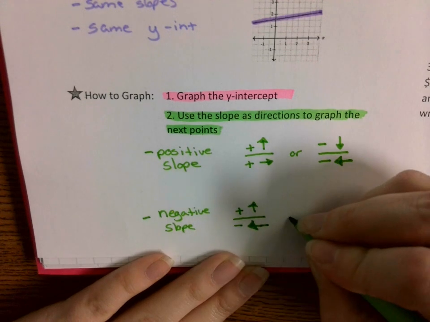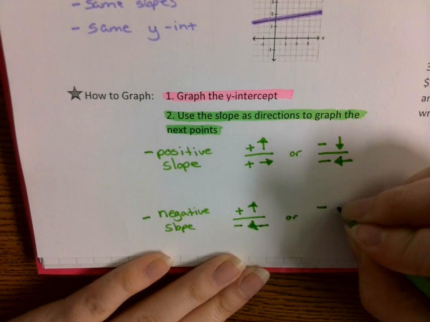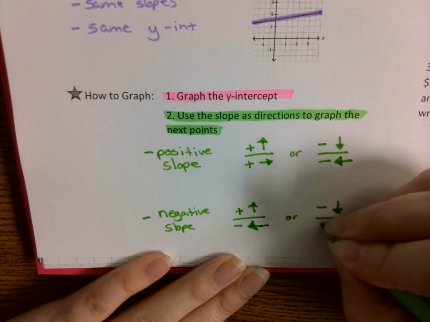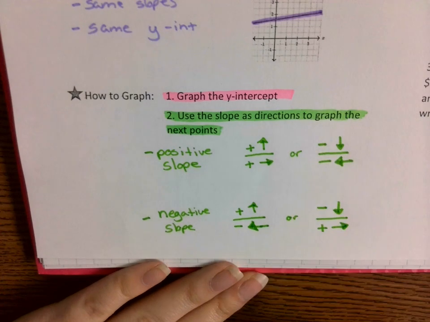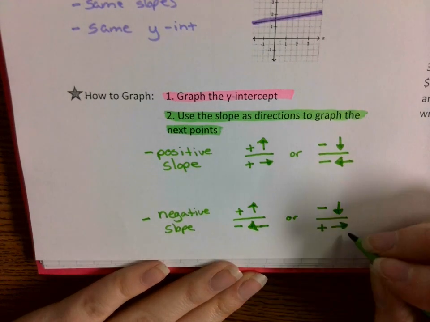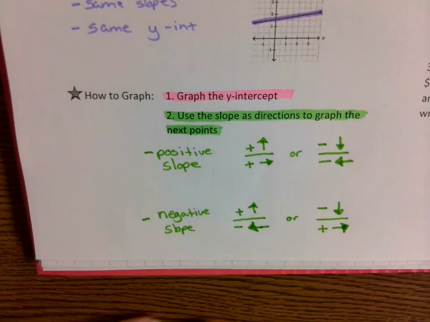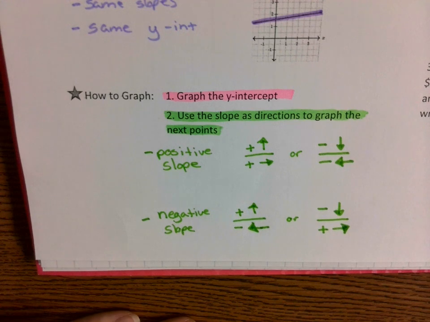Or the reverse, you can have a negative rise and a positive run, which means you will go down and then to the right. So those are just some key reminders on how we graph. We want to keep going over those over and over again because you will be doing that soon.